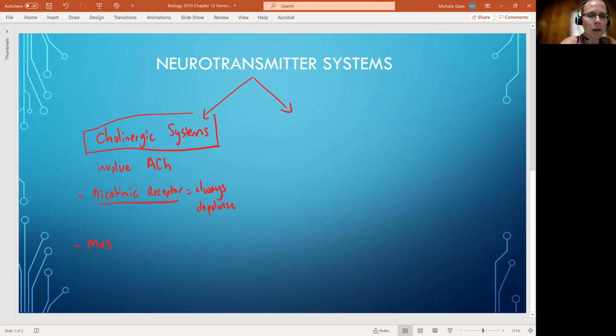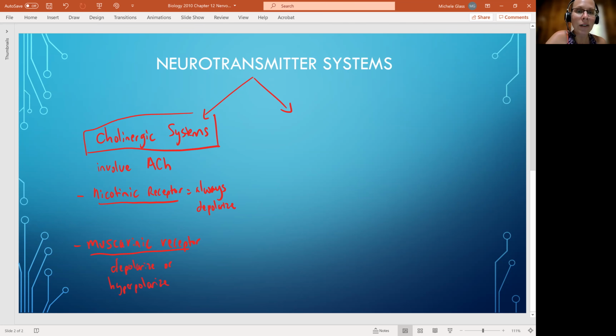The other type of receptor is called a muscarinic receptor. Muscarinic receptors can either depolarize or hyperpolarize. This is the beauty of these receptors. The cell makes the receptors as part of the cell membrane.